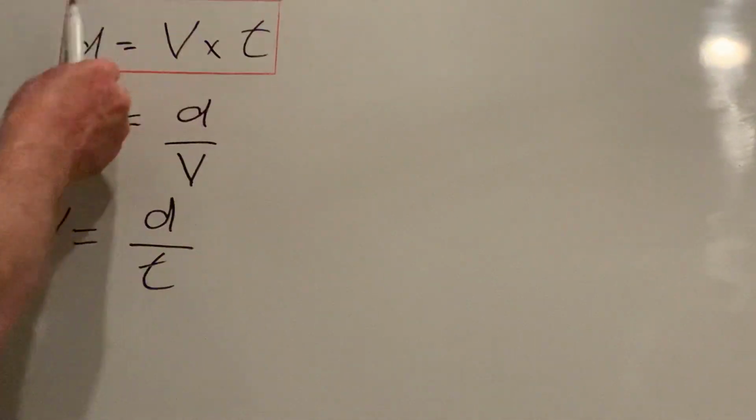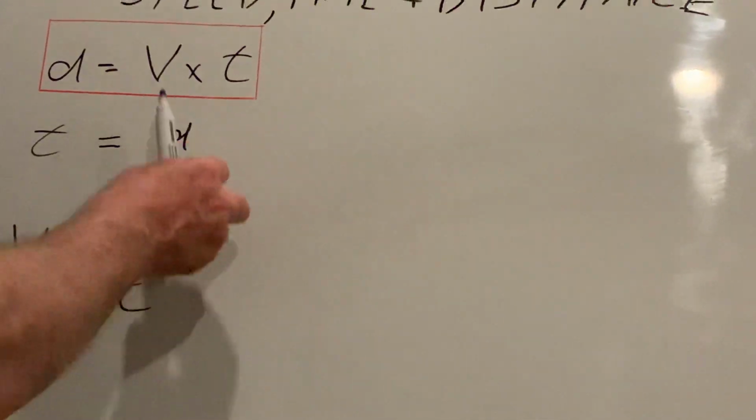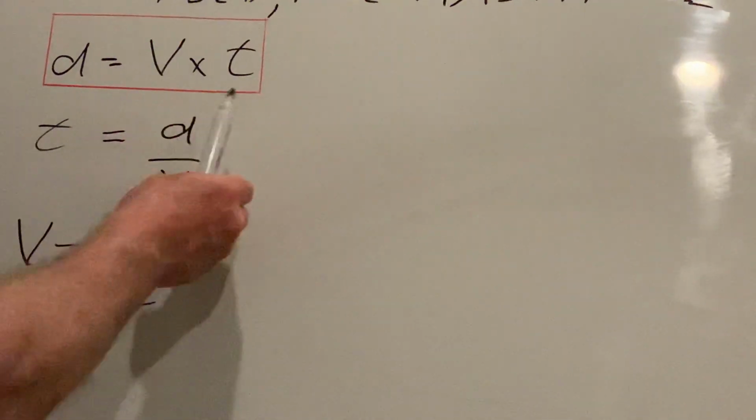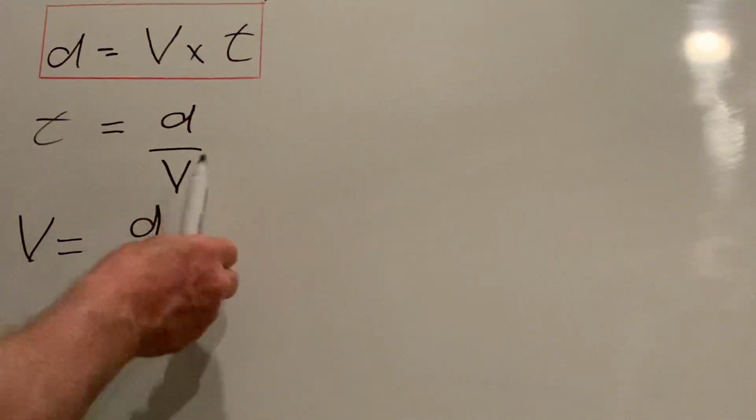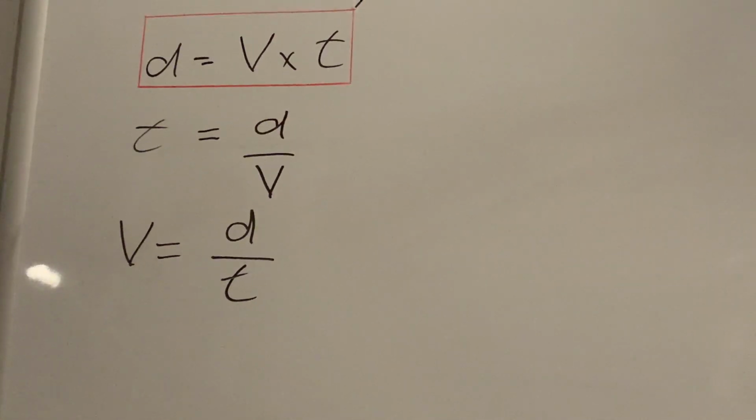So if you just remember one formula, D equals VT or T equals D on V, I suggest you pick one without a division sign in it. D equals V times T, you can work out everything else.